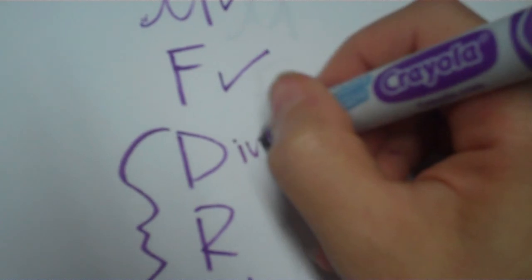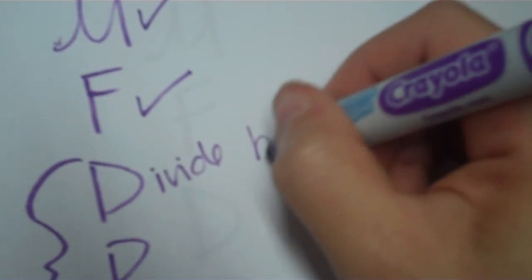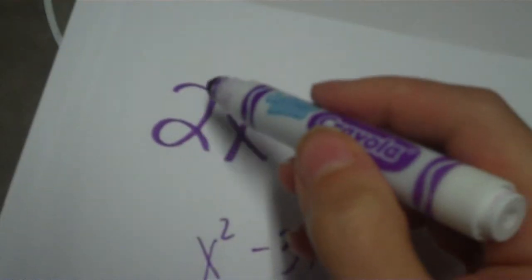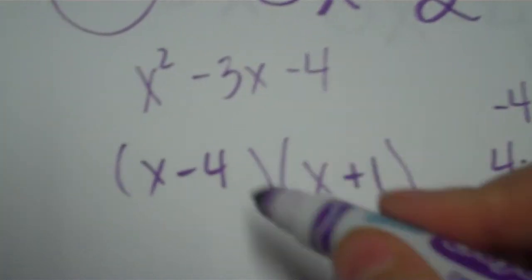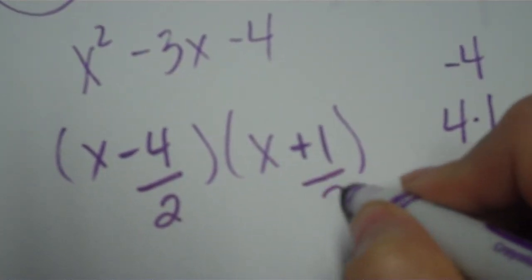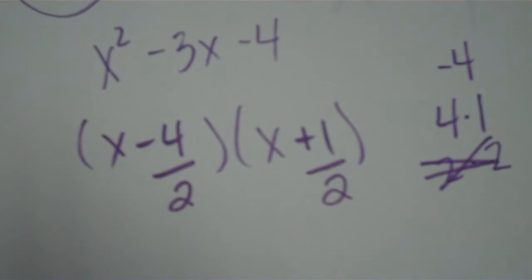Okay? So the next thing is you divide by the front number. What I mean by that, divide by the front number, is the front number in the beginning was 2. So I'm going to divide these numbers by 2. Okay? Divided by 2. R is reduce. So I want you to reduce that stuff.